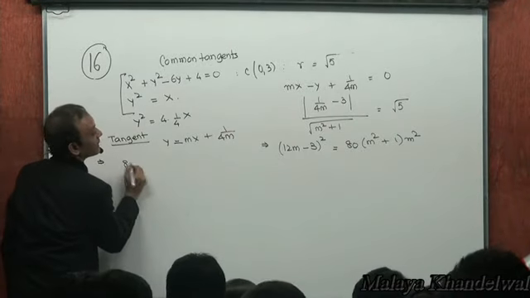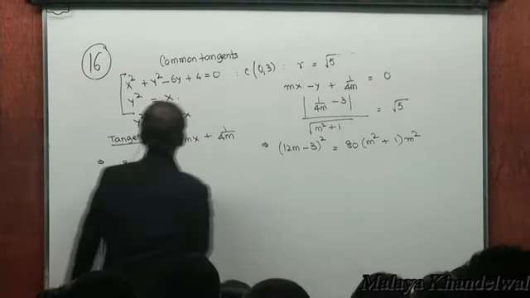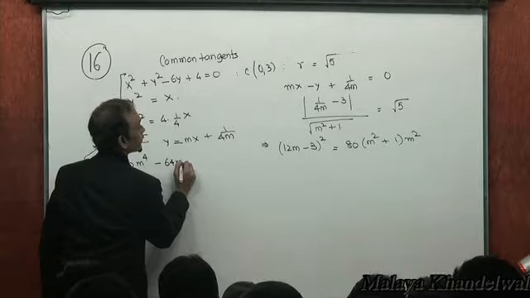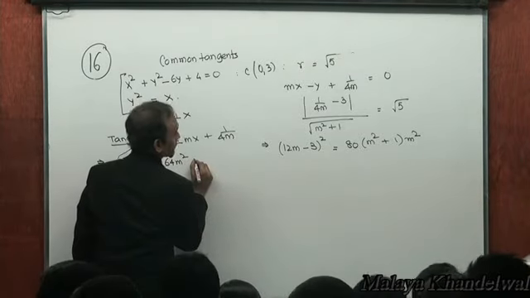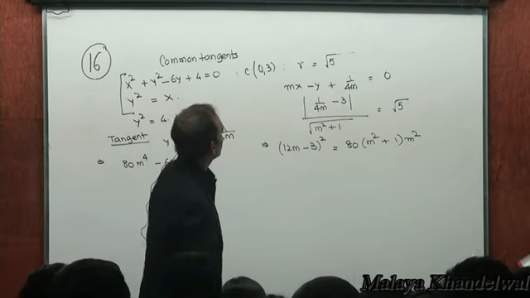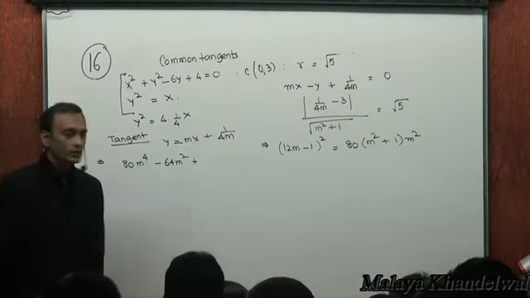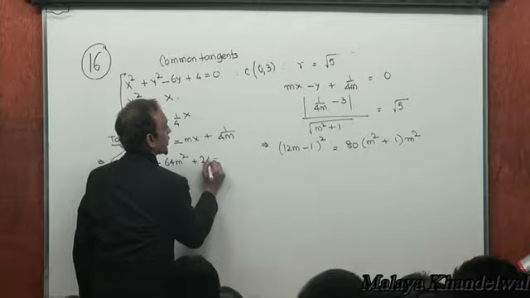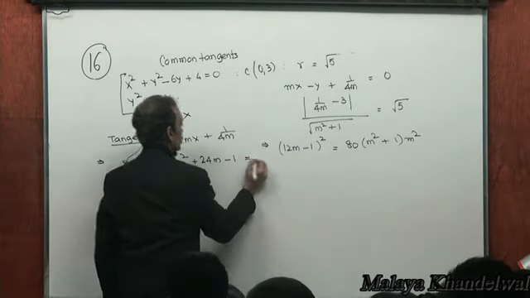So this gives me 80 m to the power 4 minus 64 m squared plus 12 m minus 1, minus 1, right? So plus 24 m minus 1 equal to 0. That's the equation.